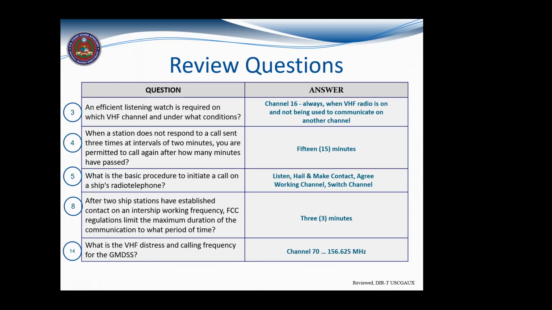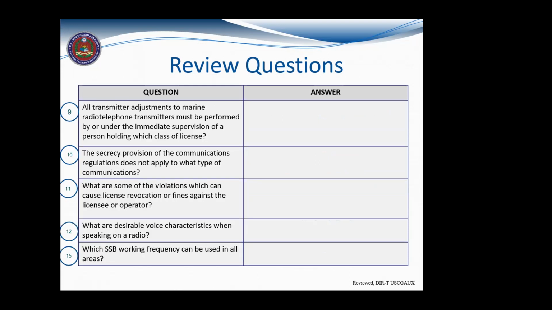And the question and the answer came from the National PowerPoint. So it's question 16. And they're saying the answer is Charlie, C. But the answer given, is it 70 or is it channel 16? According to the course literature that I've looked at, when they talk about the GMDSS, they're going to say the distress channel is 70.